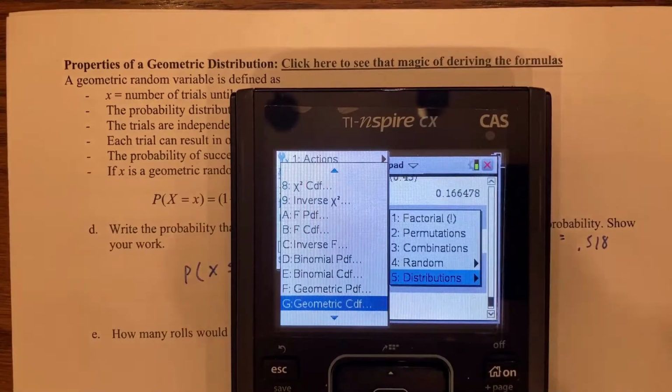You remember when we did binomial, the PDF was for precisely. So if I want precisely 4 rolls, I would do geometric PDF, and CDF is for cumulative, or accumulative. So that's what we want, geometric CDF.